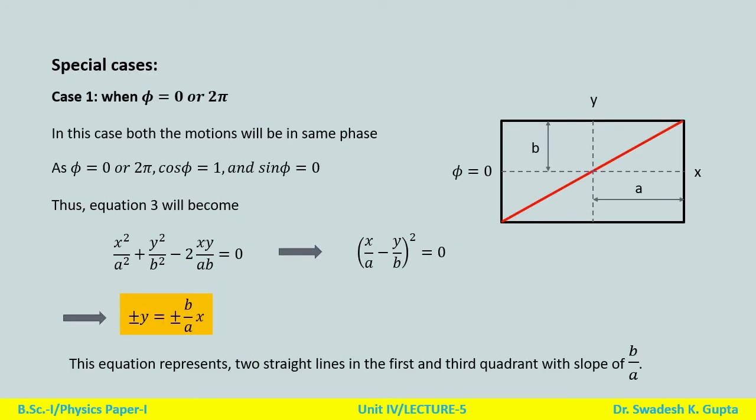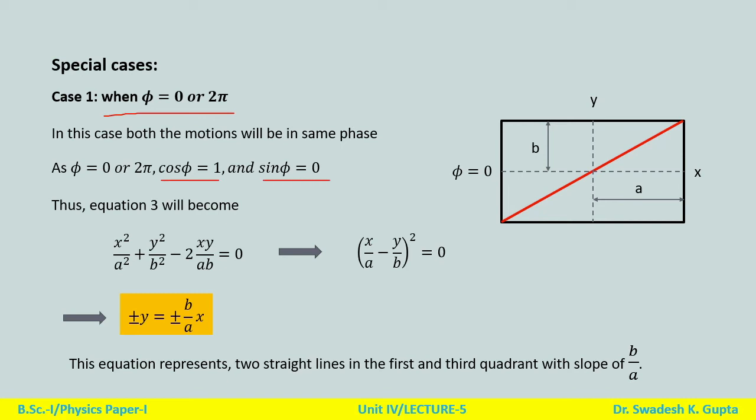So now coming to some cases. The first case is when the phase difference is 0 or 2 pi. In this case cos phi will be 1 and sin phi will be 0.